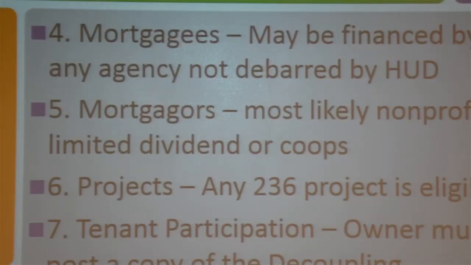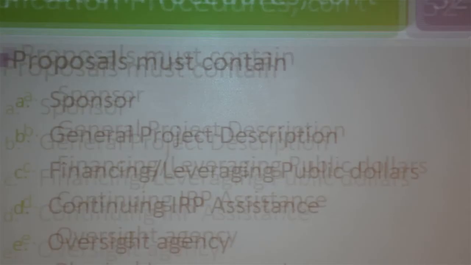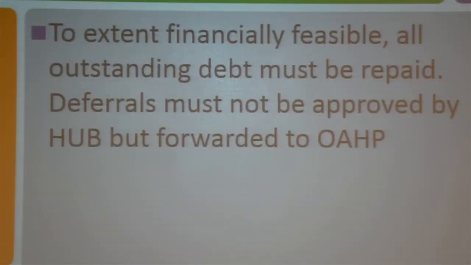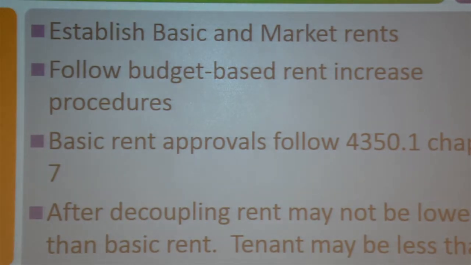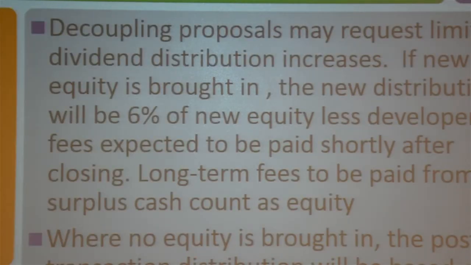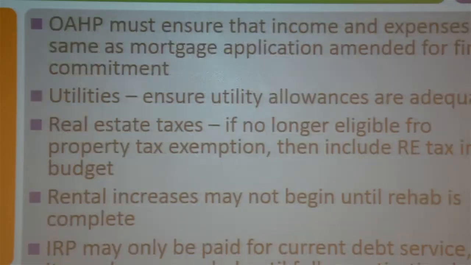Let me get down here. Basic rents. Oh, slide 56. They can restructure their distribution methodologies in this decoupling. So it can change their regulatory agreement. And so that would have a problem there. In fact, most 236 that is decoupled did have that change that needs to be looked at in the decoupling.